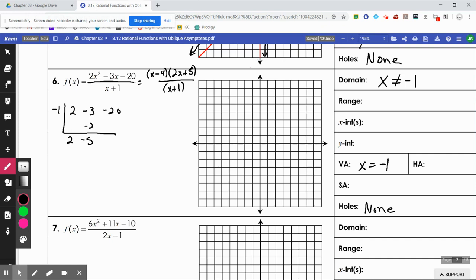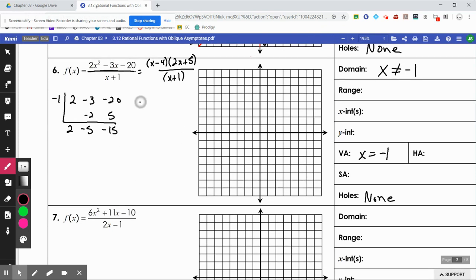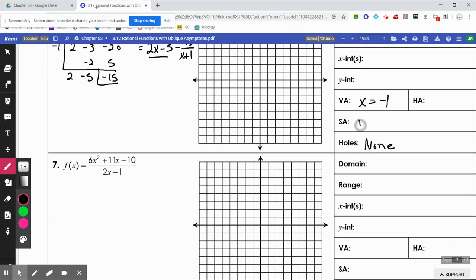Combine those, negative 5, multiply, and you get negative 15 remainder. So therefore, this function is also equal to 2x minus 5, and the remainder will be minus 15 over x plus 1. That's the divided version. So therefore, this part is going to be your slant asymptote. So you have a slant asymptote of y equals 2x minus 5.